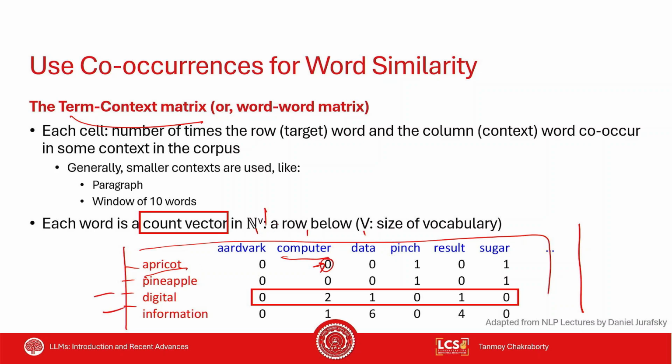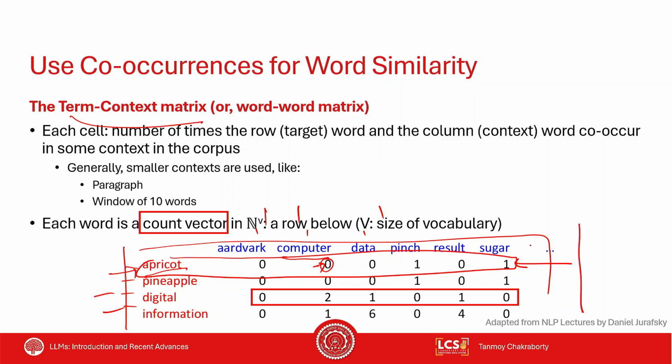So term, context, and this is a square matrix, right? So from the term-context matrix, now if you look at every row, you can think of every row as a vector, right? Let's say the first row is a vector for the word apricot, when apricot is used as a term.